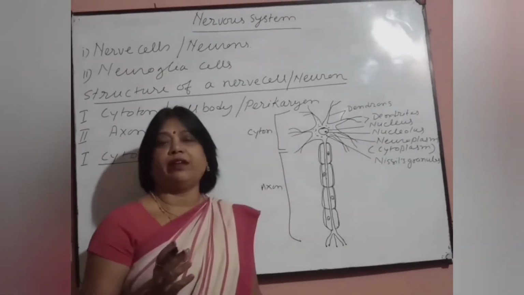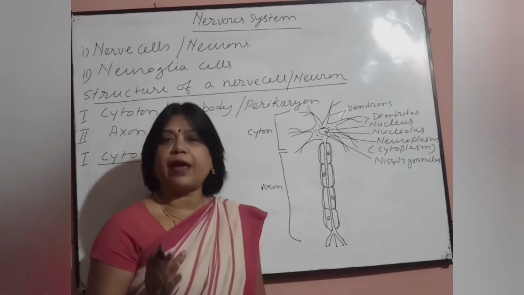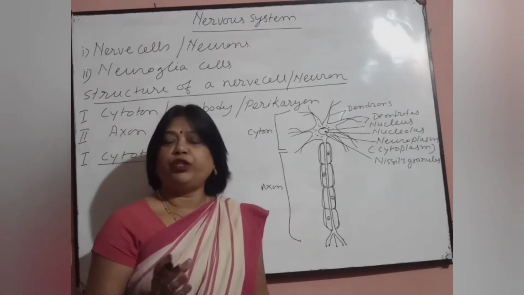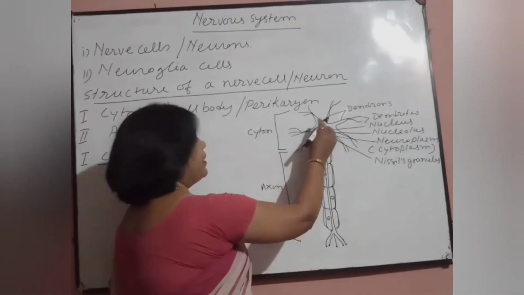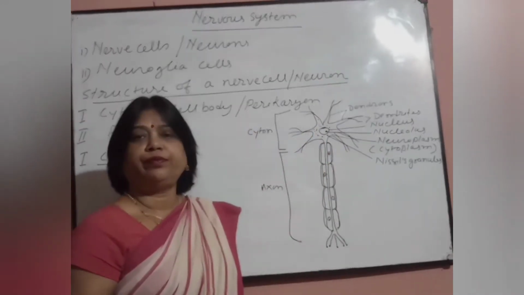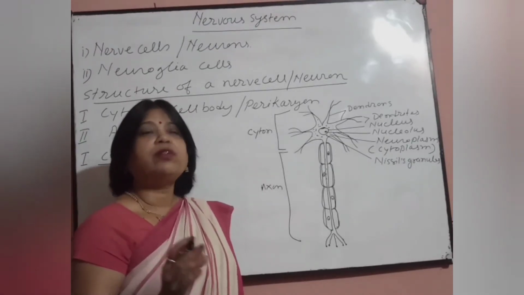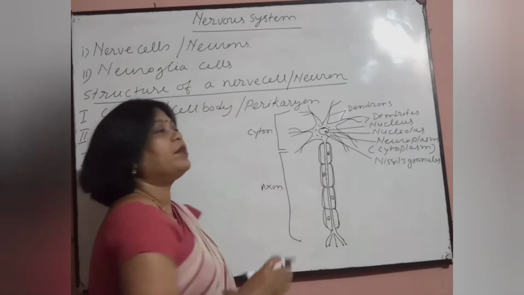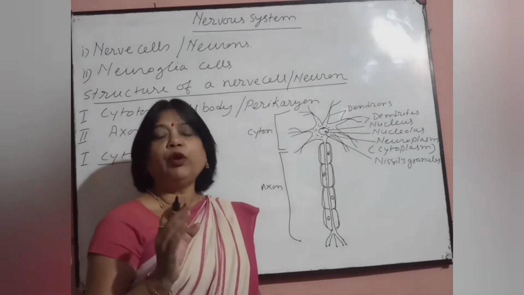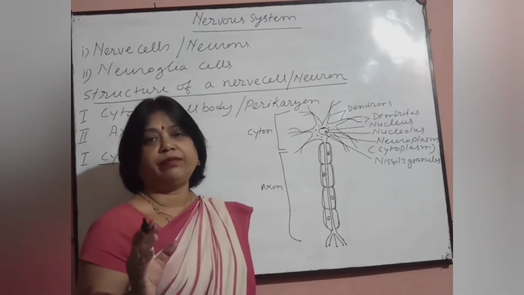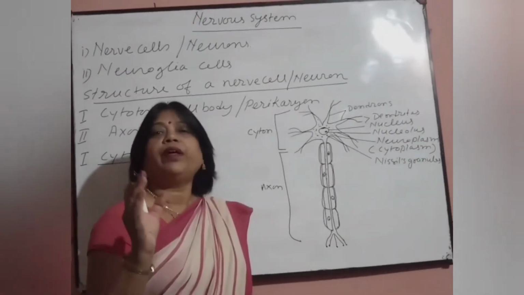All the cell organelles except the centrosome, such as ribosome, mitochondria, Golgi body, endoplasmic reticulum, are present inside the cytone. But the centrosome is absent because the neuron or nerve cell has no power of division. Neuron never divides. So the centrosome is absent.